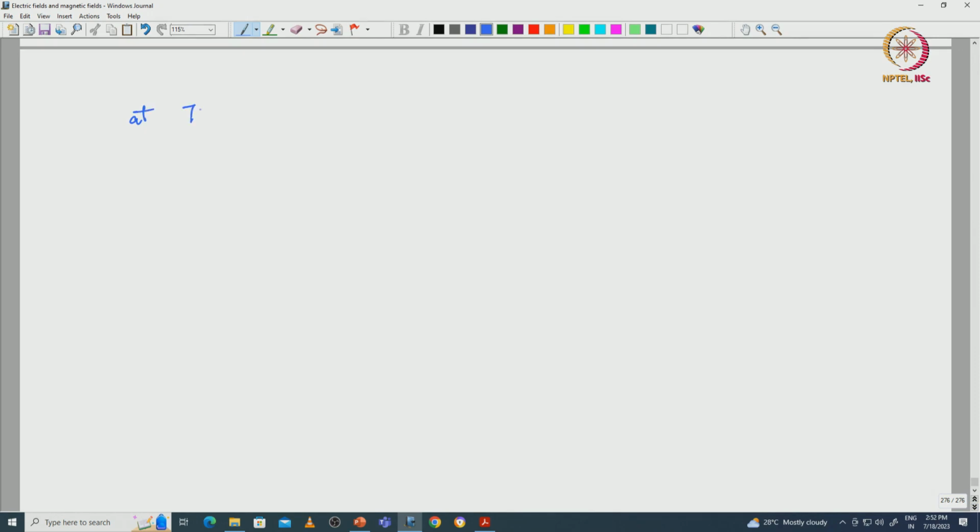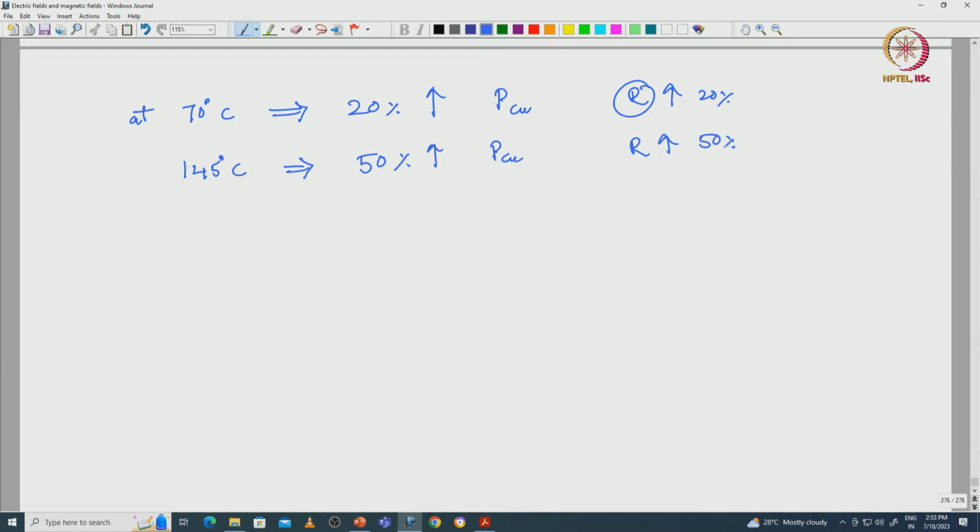At 70 degrees Celsius, there will be a 20% increase in the copper loss if we maintain the current the same and only resistance is increased by 20%. And at 145 degrees Celsius, the copper loss will increase by 50%, where the resistance is increased by 50% and current is constant.